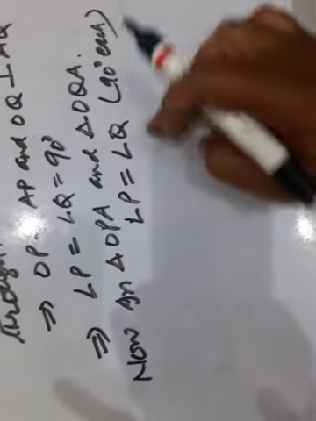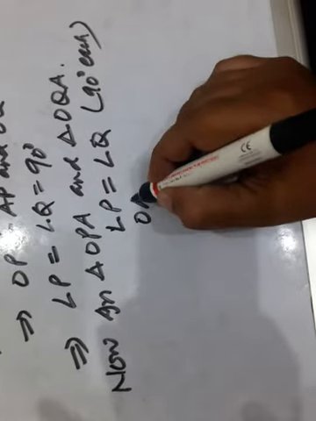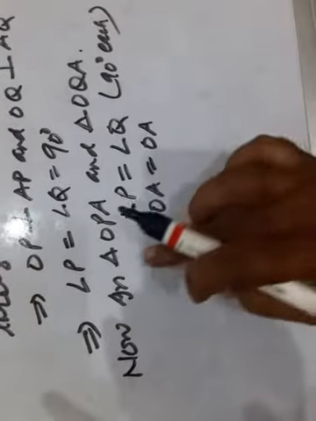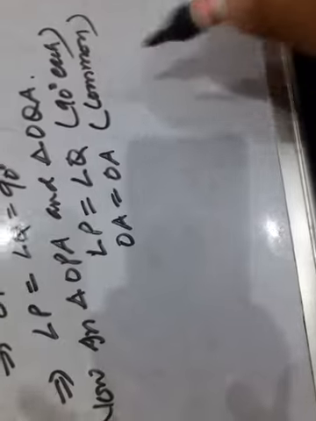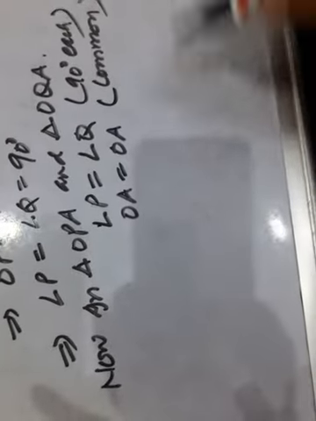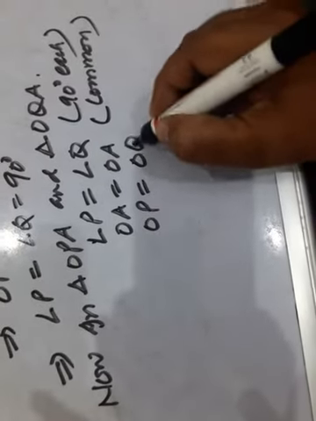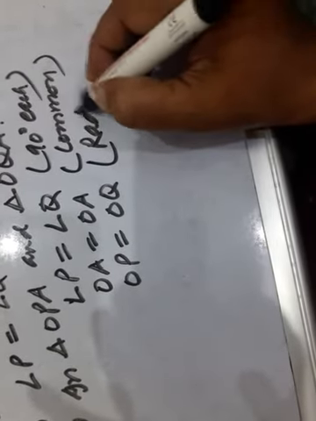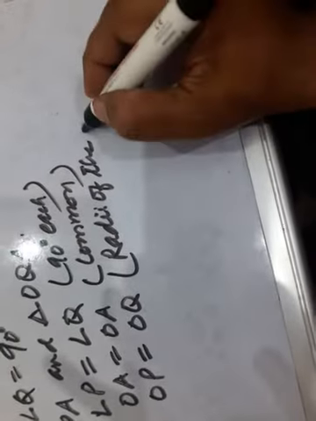Is there any doubt? OA equal to OA, that is common. And what else is there? OP equal to OQ. Why? Radii of the same circle.